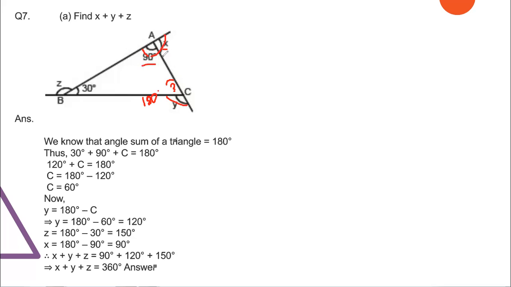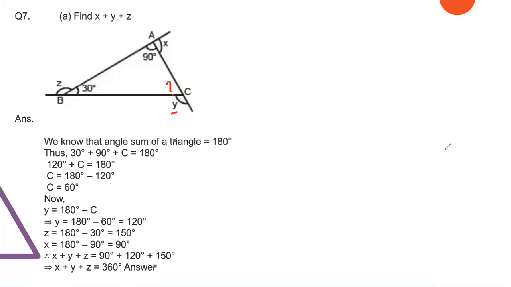So 180 minus 90 will give you the value of x. Now let's begin. First, let us find the value of y. To find y, we must know the value of c, so that we can subtract 180 minus c, which gives the value of y.